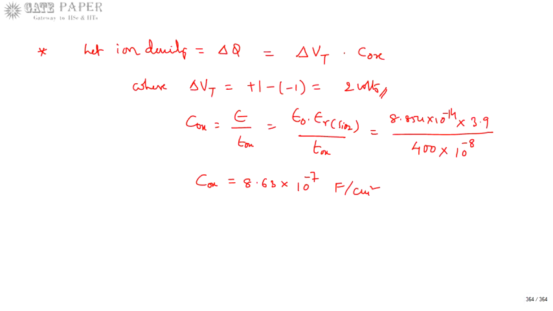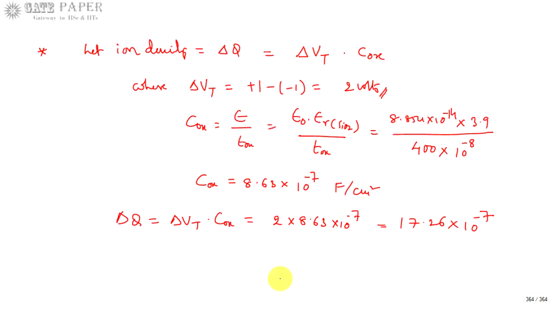Now we can calculate delta Q, that is the ion density. Delta Q is equal to delta VT into COX, which is 2 into 8.63 into 10 power minus 7, which is equal to 17.26 into 10 power minus 7.